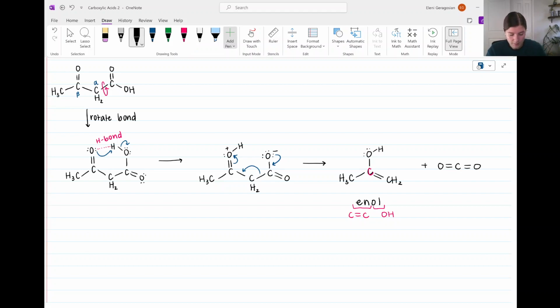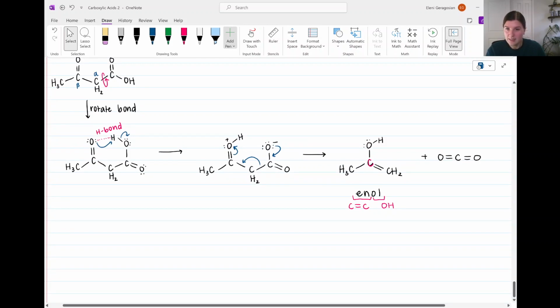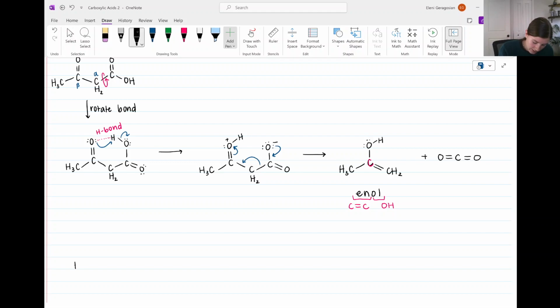In these enol molecules, they rapidly, we call this tautomerize, into the keto form. So let's copy down this enol here. So here is the enol. In solution, enols are in equilibrium with their keto form. Now the keto form is where we still have the methyl group.